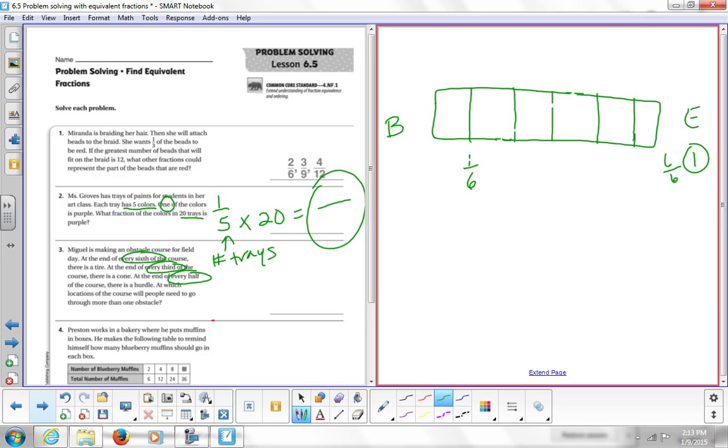All right, so it says every 1/6 of the course there's a tire. So I'm going to draw a tire here, and there's a tire here, so every 1/6 of the course is going to be a tire. And at the end of every third of the course, there is a cone. So now I've got to figure out where a third is.